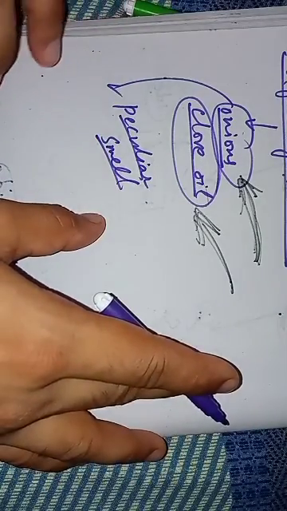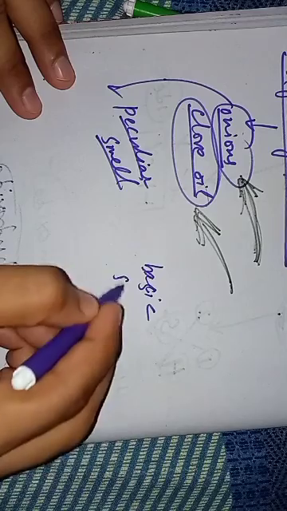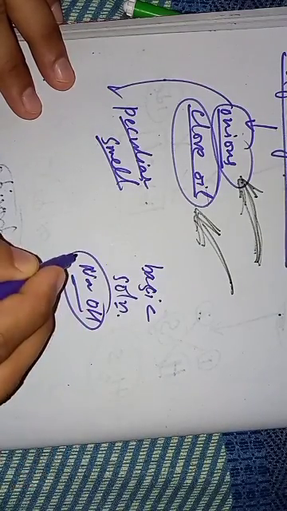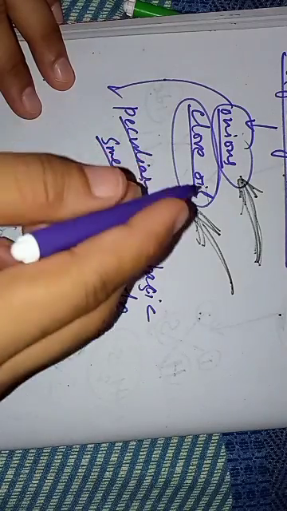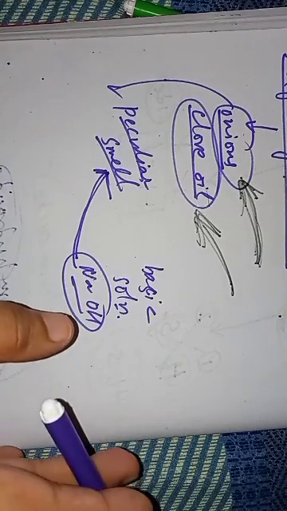So when a basic solution, like sodium hydroxide, is added to onion or onion extract, what happens? The onion smell cannot be detected.